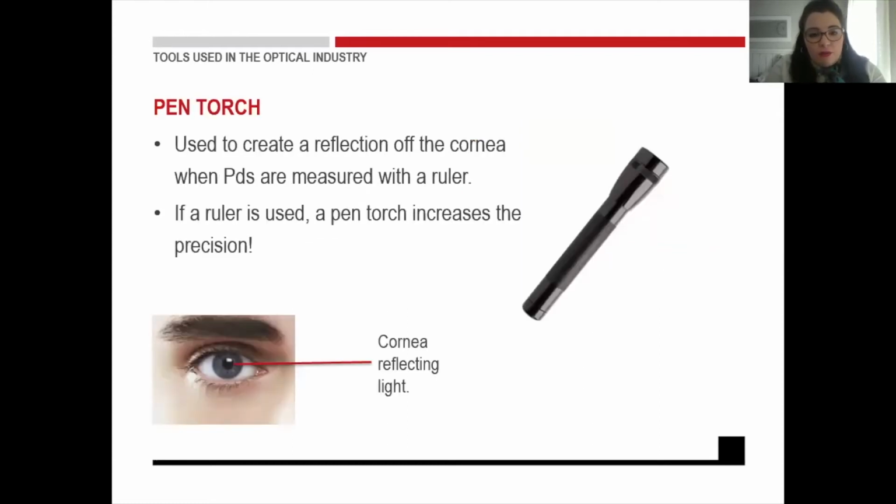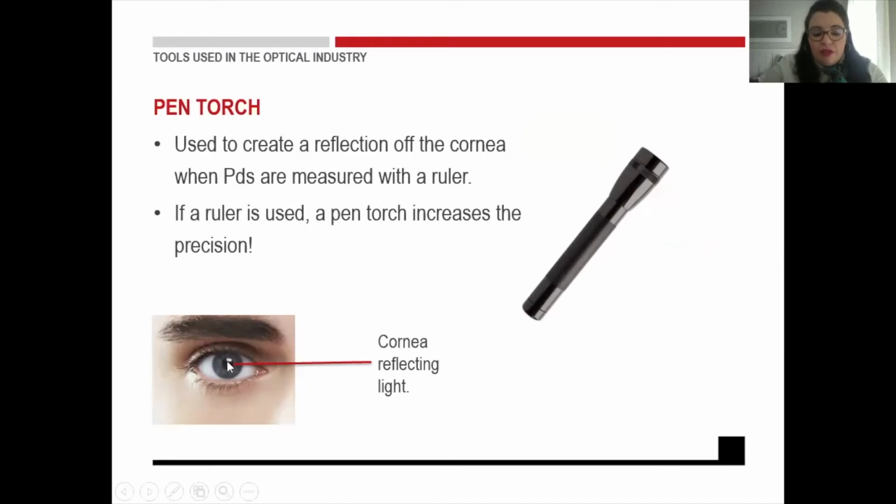The third tool we're going to discuss is a pen torch. Some optometrists use a pen torch to find the corneal reflex. It's nothing else except a torch, a light source. You shine it in the eye, and then you will see that there's a white reflex.